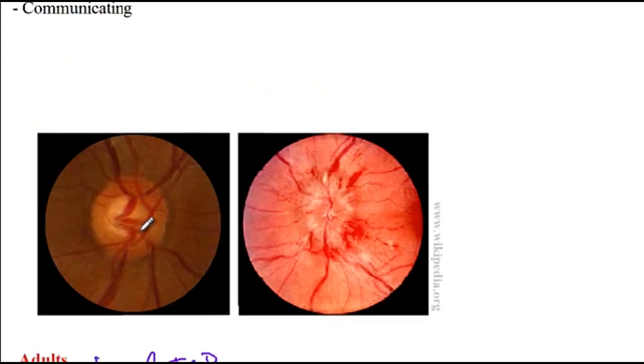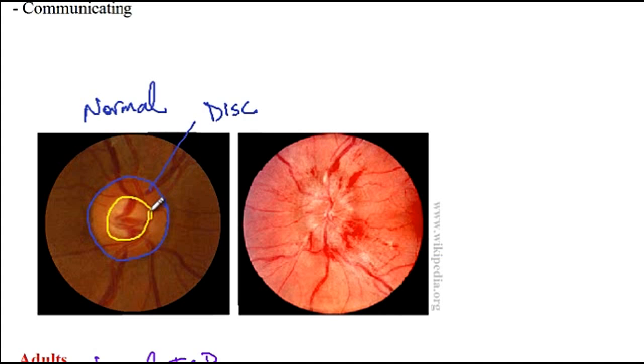So here on the left side of the image, we have a normal fundoscopic examination, where here we have the optic disc, and then at the center we have the optic cup. And the normal ratio of the cup to disc is usually about 0.3, but in patients that have glaucoma, the optic cup will start to grow in size.